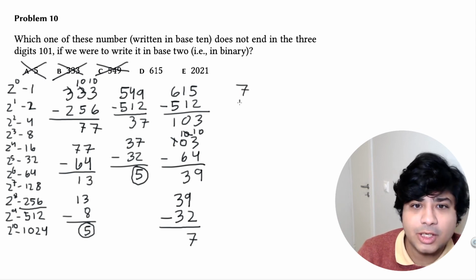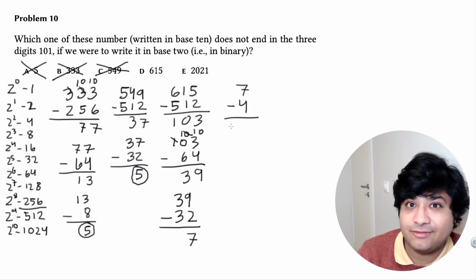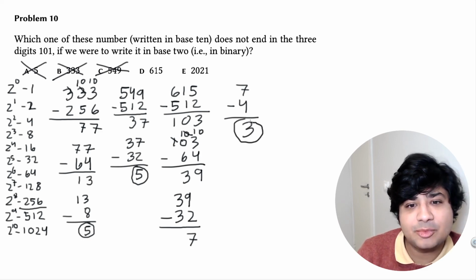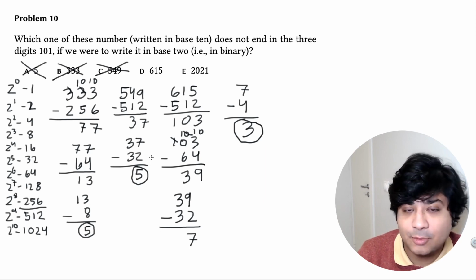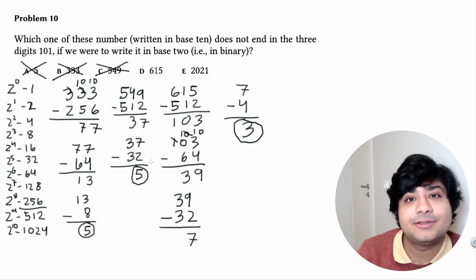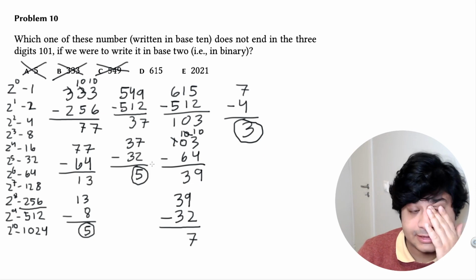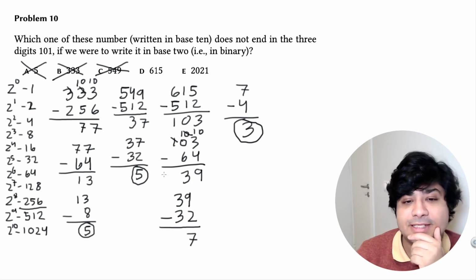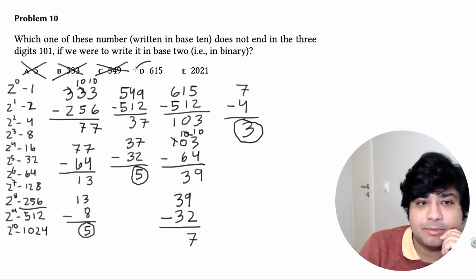That's a 4. Which means if we take 7 minus 4, that's not a 5. That is a 3. Which means that this number is not going to end in a 101. Because it doesn't have a 5 that it ends with. So therefore, it must be D.